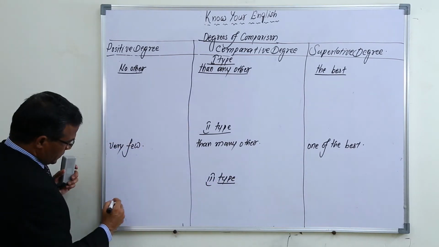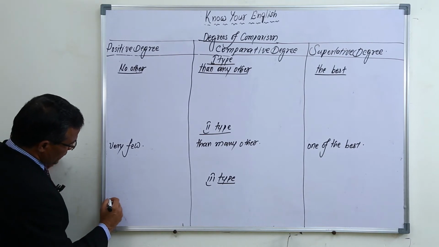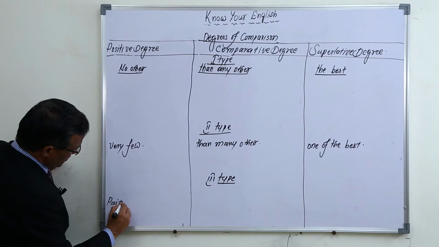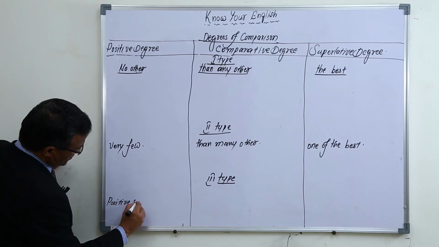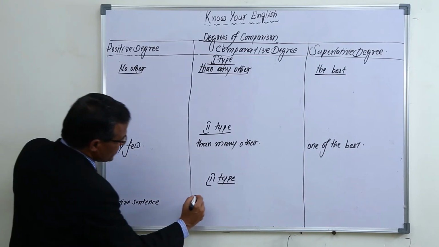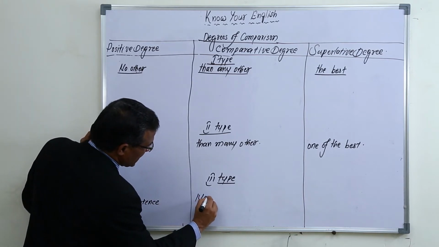And the third type, we find, for example, here when a positive sentence is there, in comparative degree a negative sentence is there.